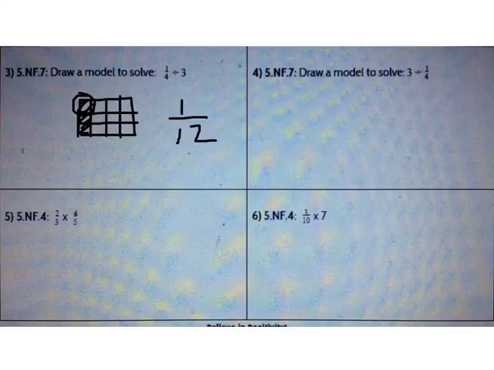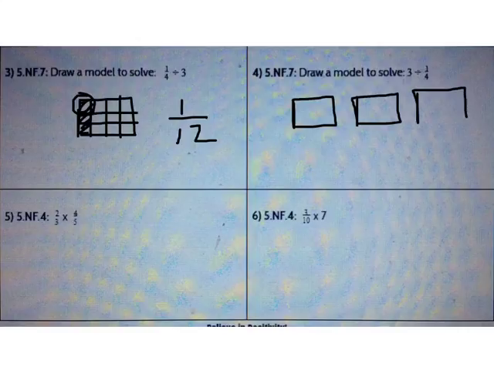Now let's draw a model to solve 3 divided by 1/4. What am I going to start my model with this time? I'm going to start my model with 3 wholes. How many pieces should I split each whole into? I should split each whole into 4 pieces, because 4 is my denominator.